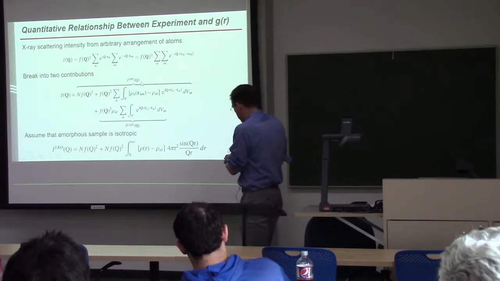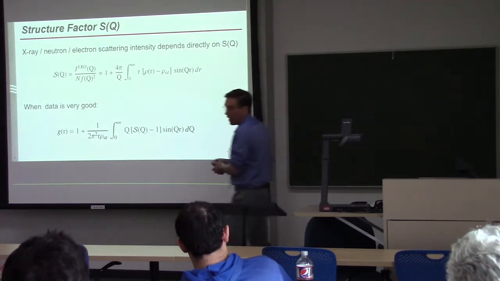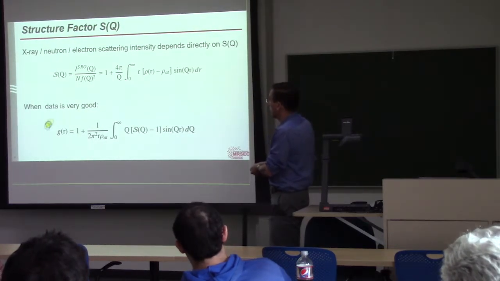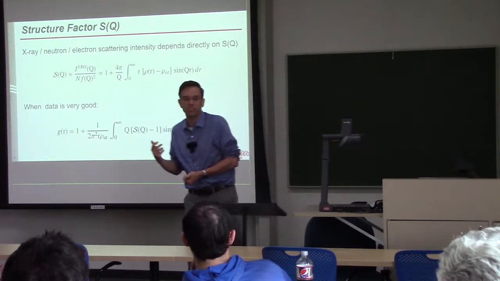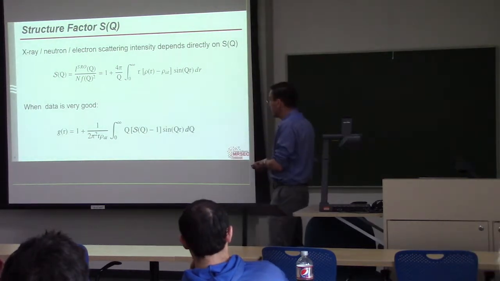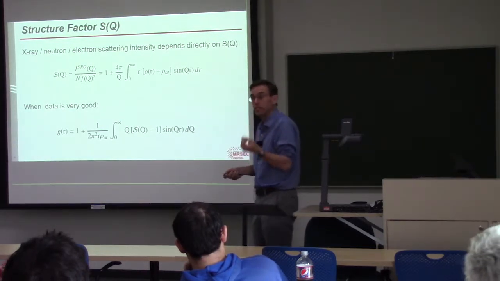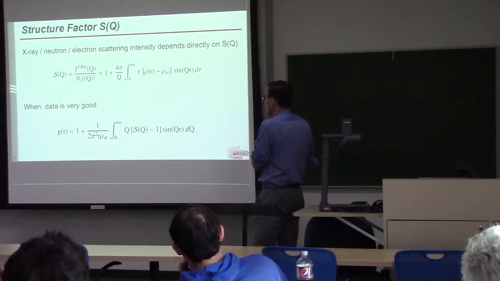If the data is really good, you can work backwards from S of Q, and you can learn about something called G of R. And G of R is what's called the radial distribution function, sometimes called the paired distribution function. It tells you about the arrangement of the atoms. It tells you the distances and numbers of pairs of atoms.